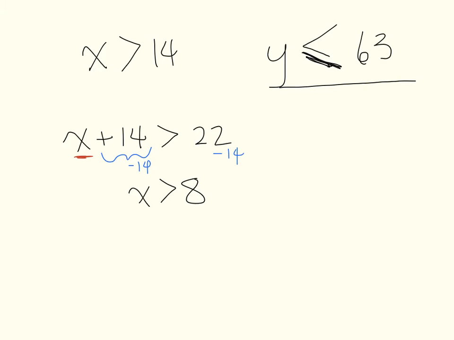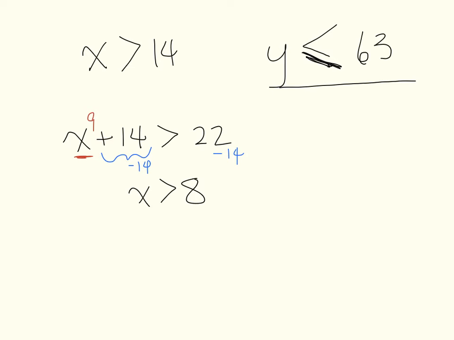So let's say, well, I think it might be 9. Could be 9. So if I put 9 in there, 9 plus 14 is 23, and 23 is definitely greater than 22. Now that doesn't mean 9 is the solution. It just says it could be because 9 is greater than 8. So that would work.